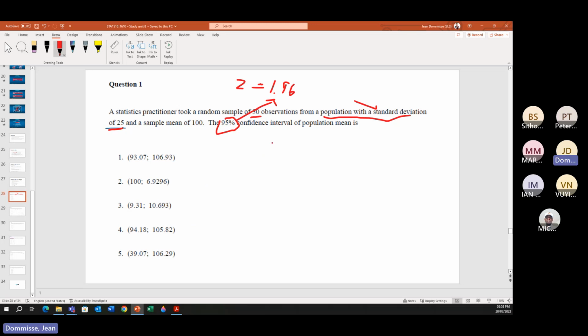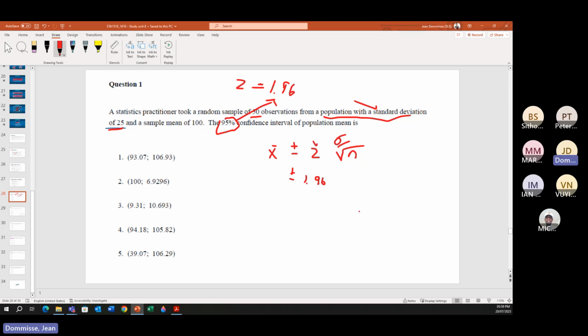Okay, so then let's just write the original formula out. Later on, I will not write the Z. I will just say what the numbers are. But now you will see, okay, so we've got the Z that is 1,96.